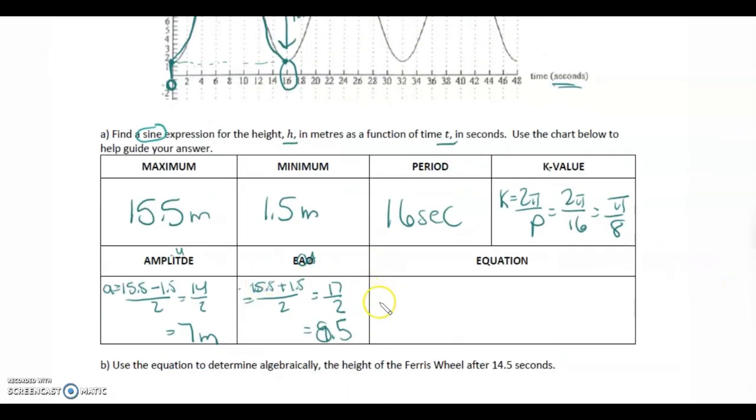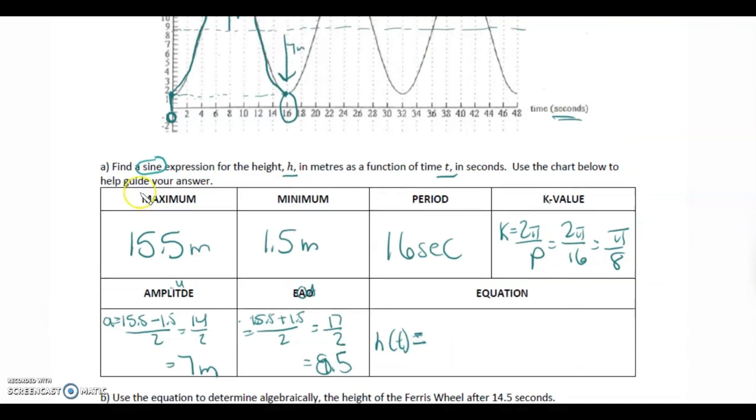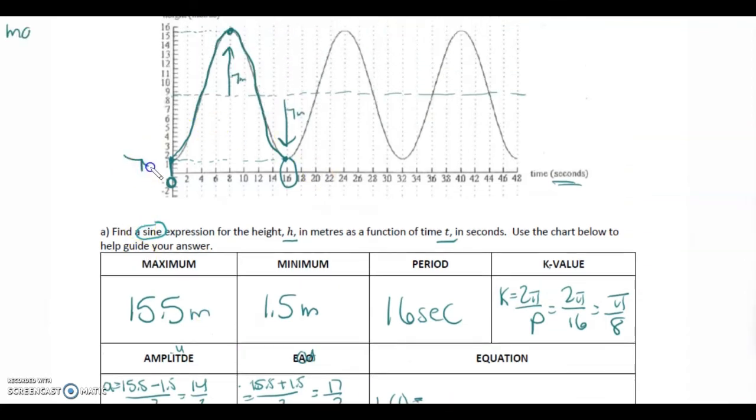Okay. So the height at time t is going to be, I'm going to show you guys a trick. See how we start at a minimum? Sometimes we're able to use like the negative cosine function, but now actually thinking about it, this is a sine function.